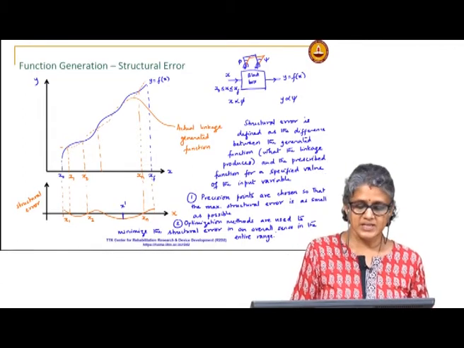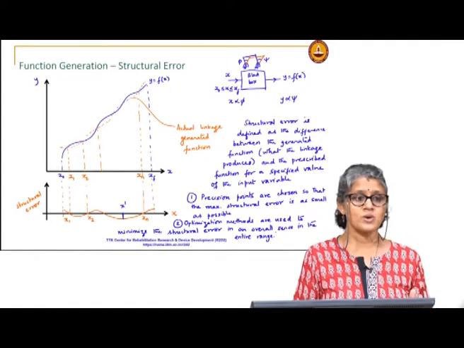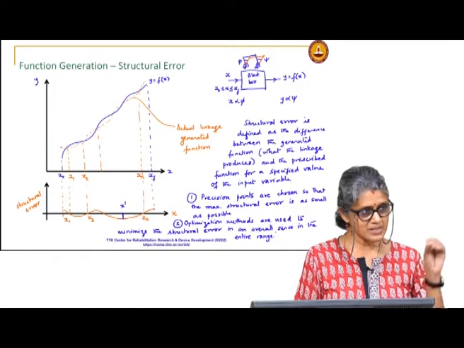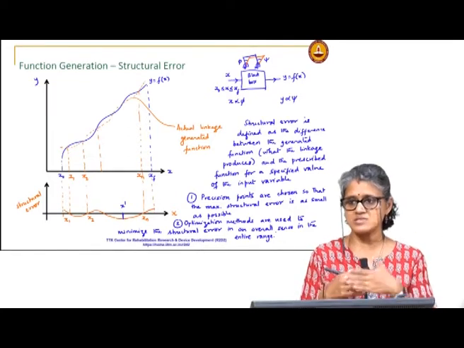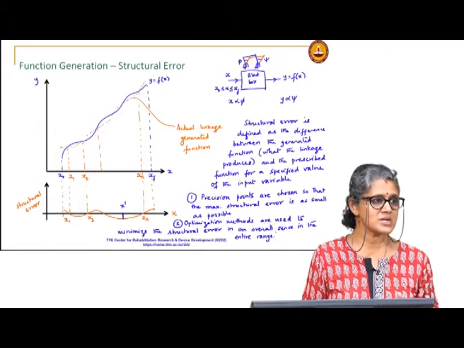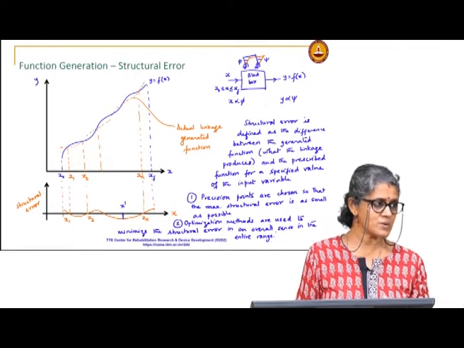In this kind of an approach, in the second approach, the error may not be 0 anywhere, but the overall error will be minimized. You may get as close to the actual desired function as possible, but the error may not be 0 anywhere.